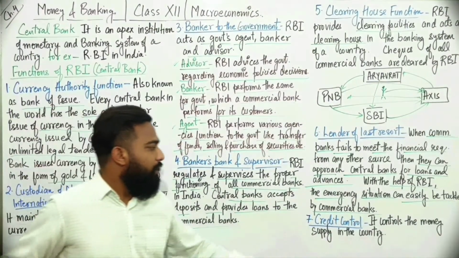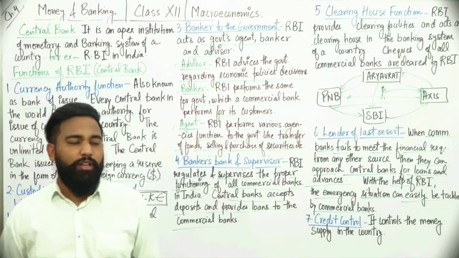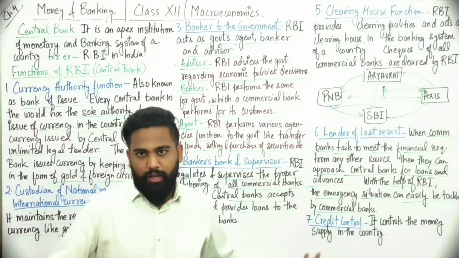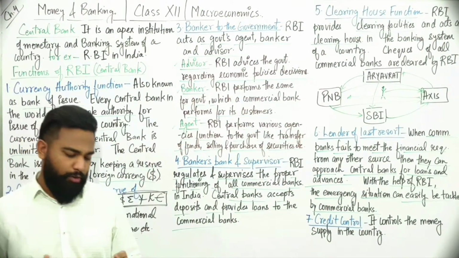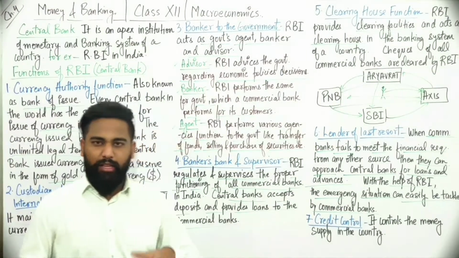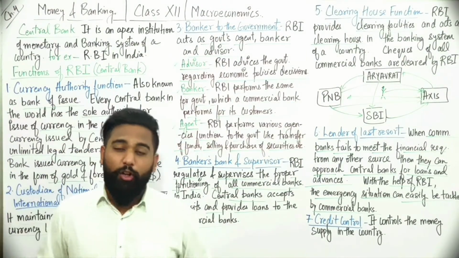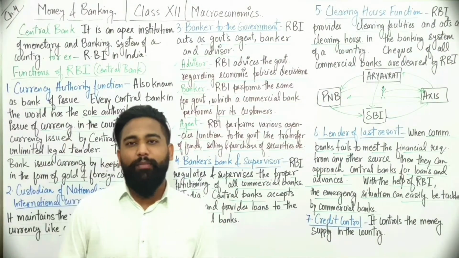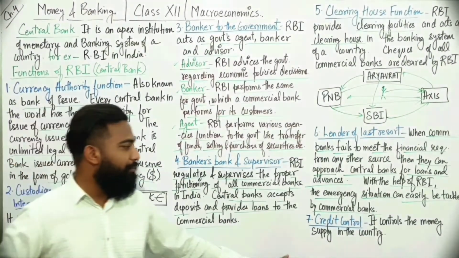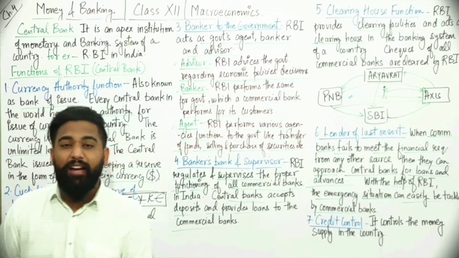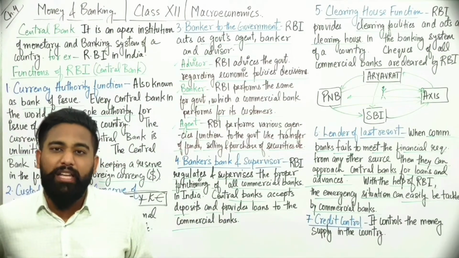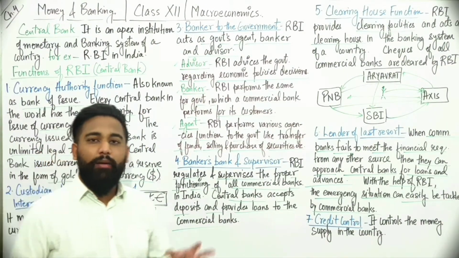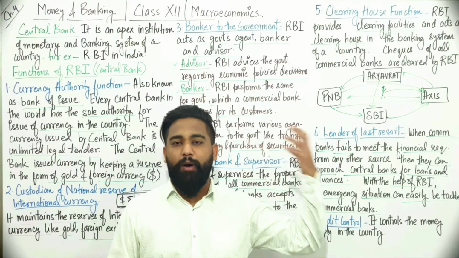Now there is one more function which is credit control. In the previous video you studied the credit creation by the commercial banks. So it's an irony where commercial banks are creating money and the RBI is controlling that creation of money. They are controlling that people don't have so much money.